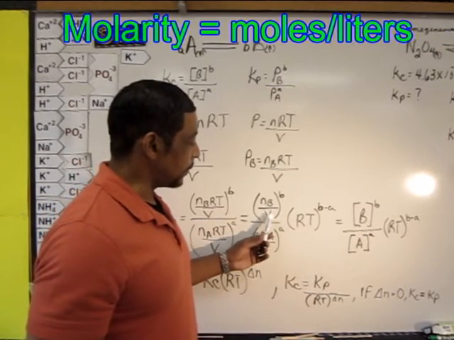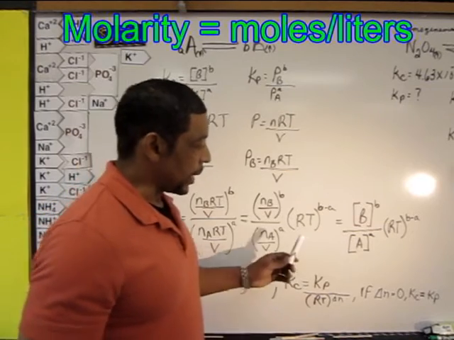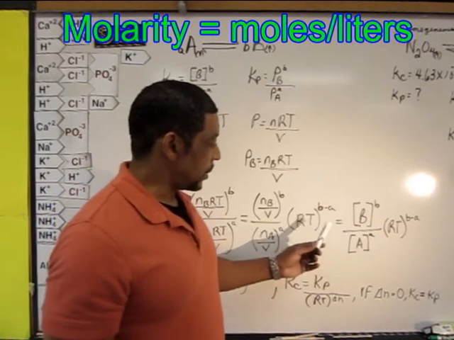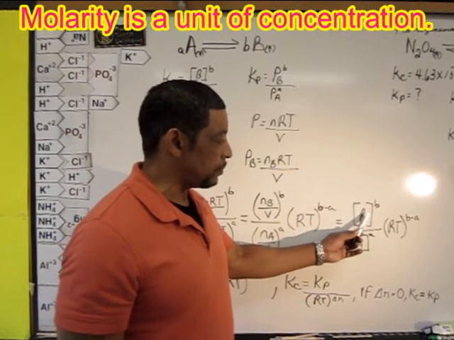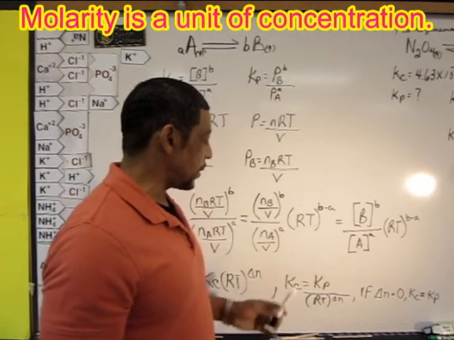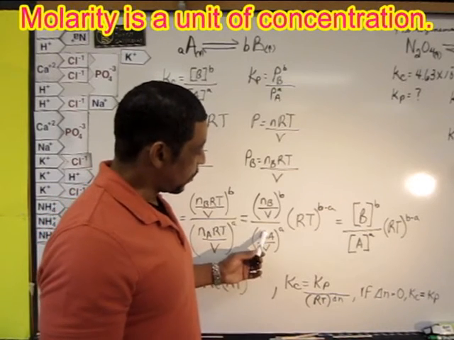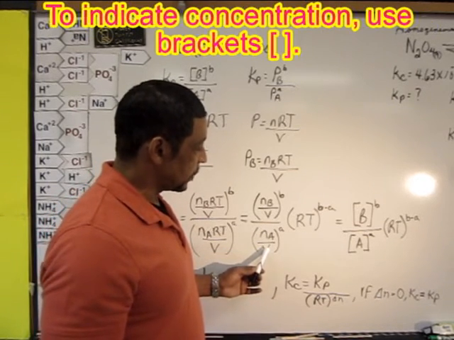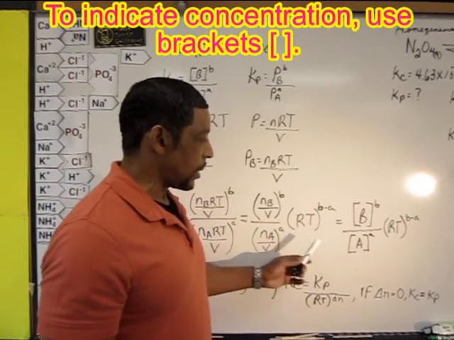Since moles divided by volume is actually the calculation for molarity, we may rewrite it as follows, where moles divided by volume is equal to the concentration of B raised to the b power. And for reactant A, moles divided by volume is the concentration of A, which is raised to the a power.